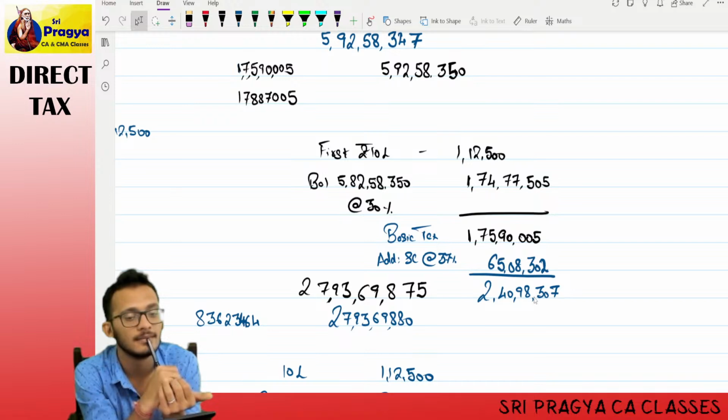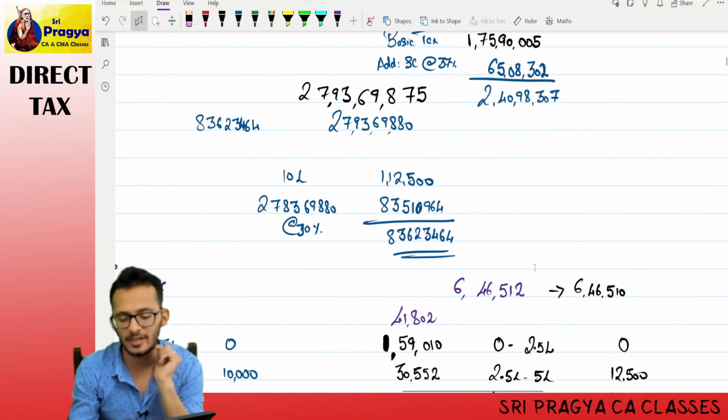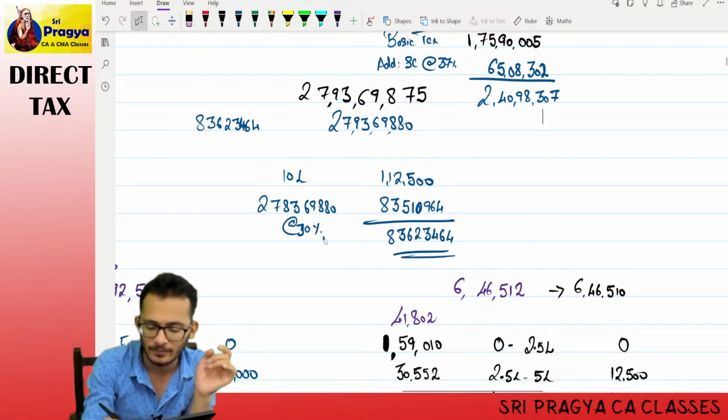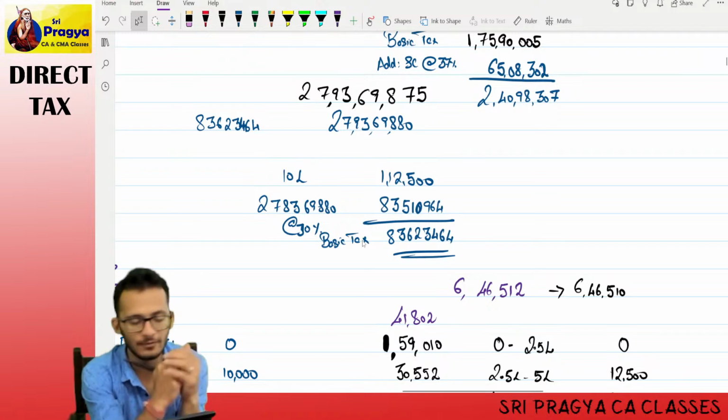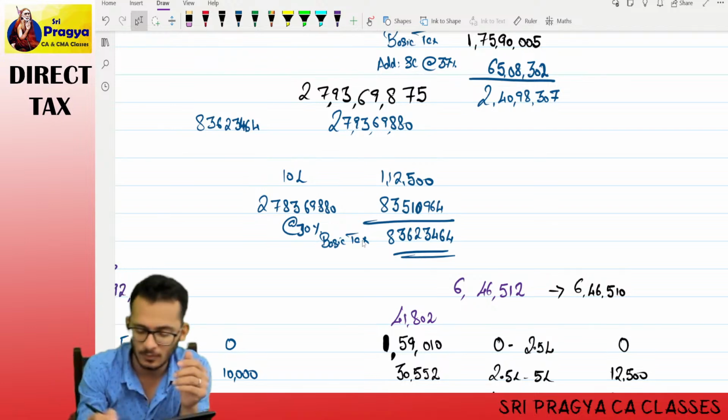27 crores? 27 crores 93 lakh 69,880. Your number was 83623,464. Tell me the surcharge percentage. Put the number.